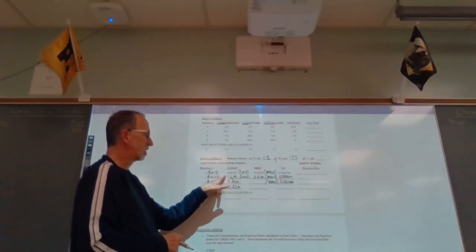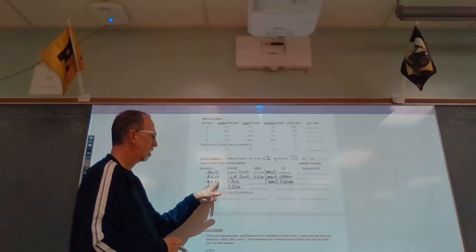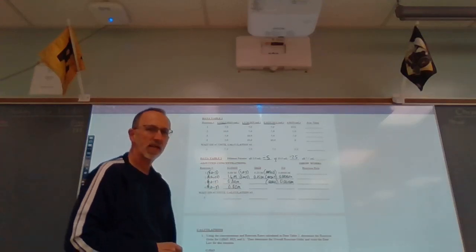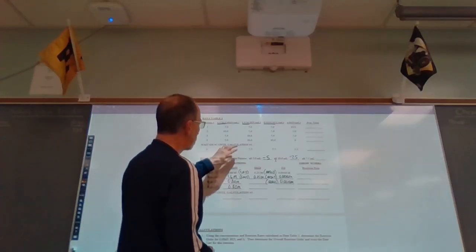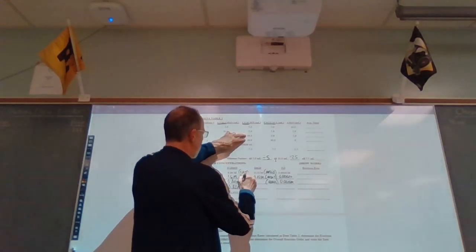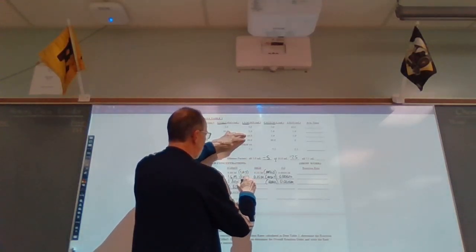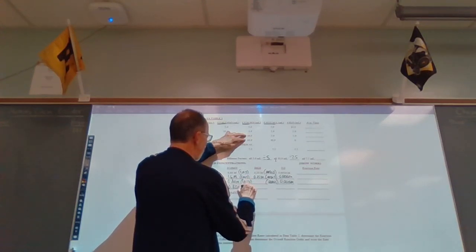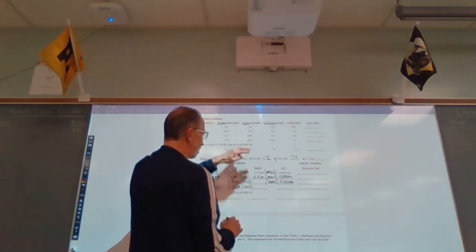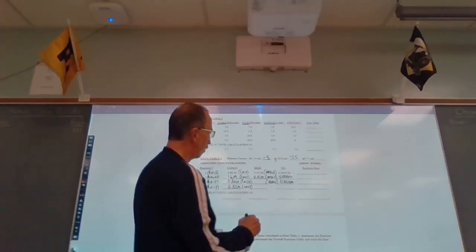Which makes sense. This is double this because we diluted this by half as much as we did the 5 mL ones. These two are also both 10, so we take our 1.0 molar and divide by 2.5 for both of these. And so these come out to be 0.40 molar.